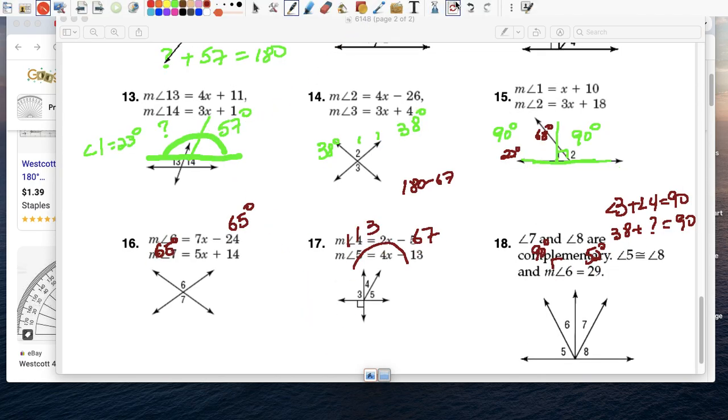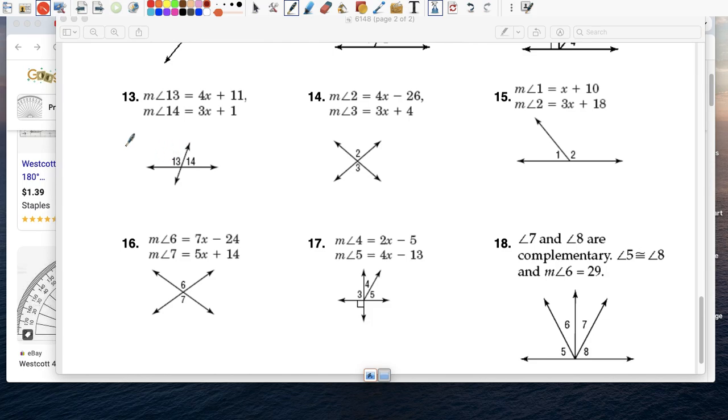13 says that angle 13 is represented by the expression 4x plus 11. Angle 14 currently is represented by the expression 3x plus 1. Now, what do I know about these two angles? Well, I know they're in a straight line. I know this whole thing is 180, and it was cut into two angles called angle 13 and 14.